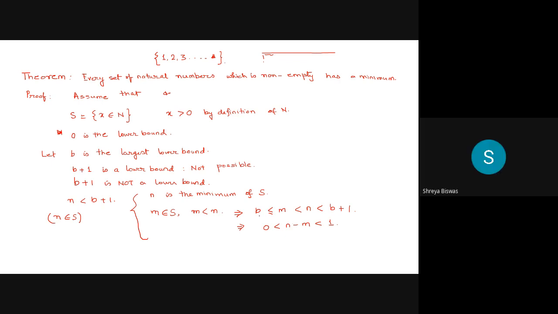So could you explain this part once more? The last line? Yes, sir. I didn't explain this, I just wrote it. Okay, we are using this relation. So I'm deducting m from here. Now n is greater than m.